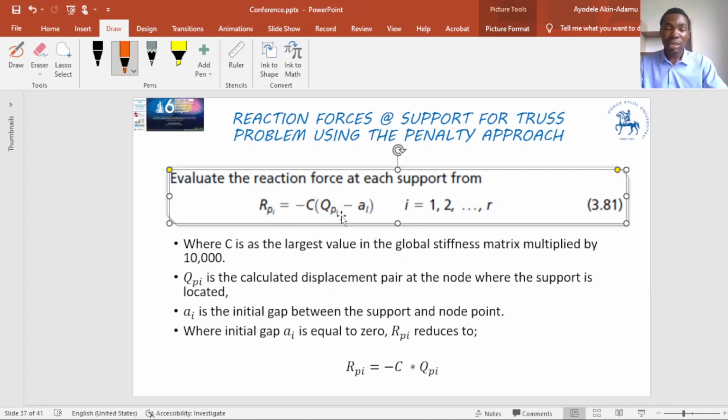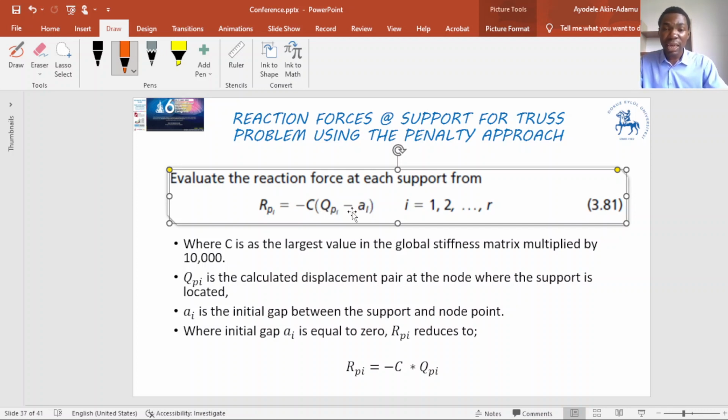The Q is the displacement quantity at the node of the support reaction. This Q is actually a 2x1 column vector. So if you multiply C by it, you get the reaction. Let's say you have a pin support there, you get the reaction in both the horizontal and the vertical direction.